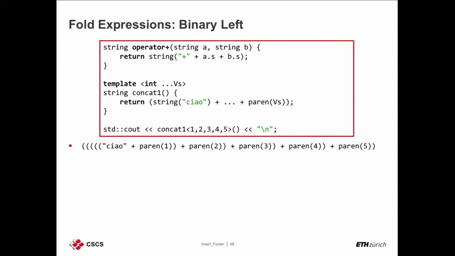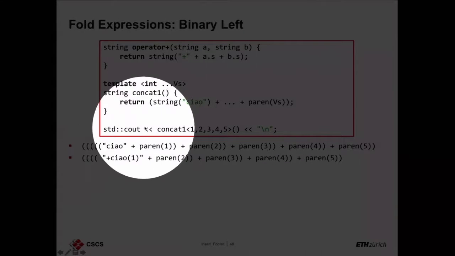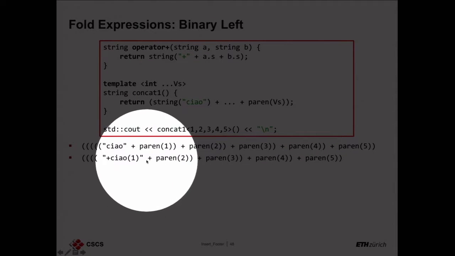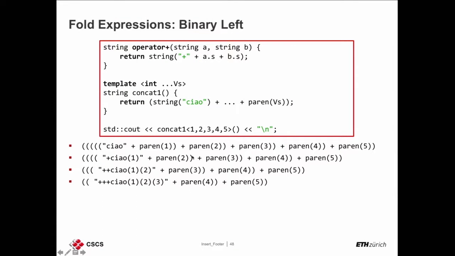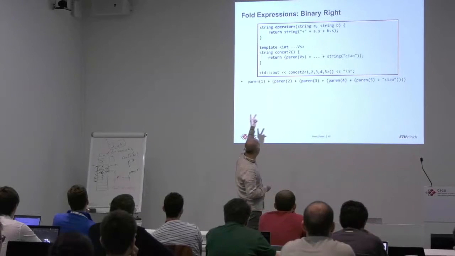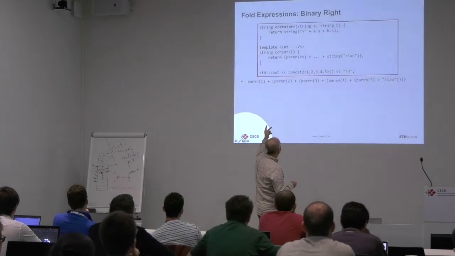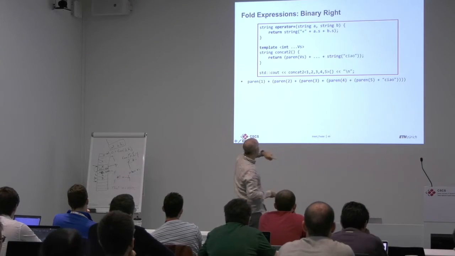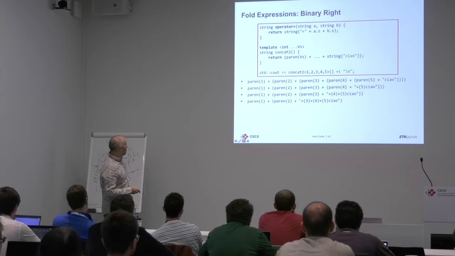So the first one, I will first do this here, which would then become this, and then I'm left with this one, and I expand it, then I expand, and I expand. When I'm swapping the numbers and the string, then I will start expanding from the back and do it like this.